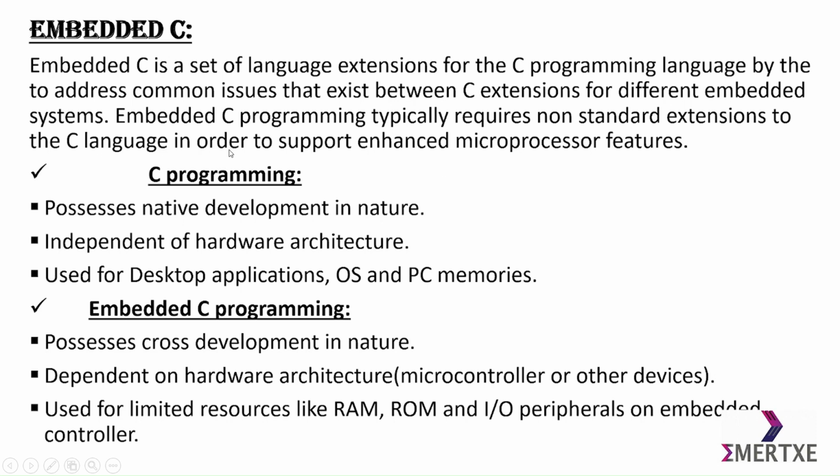C programming is native development in nature, independent of hardware architecture, used for desktop applications, OS, and PC memory. Embedded C programming is cross development in nature, dependent on hardware architecture, microcontroller, or other devices, used for limited resources like RAM, ROM, and input-output peripherals on an embedded controller.